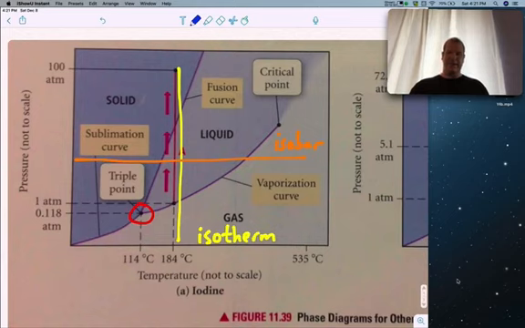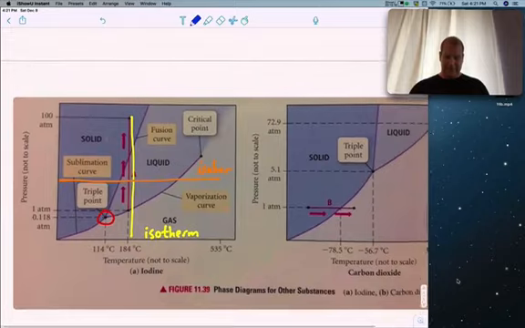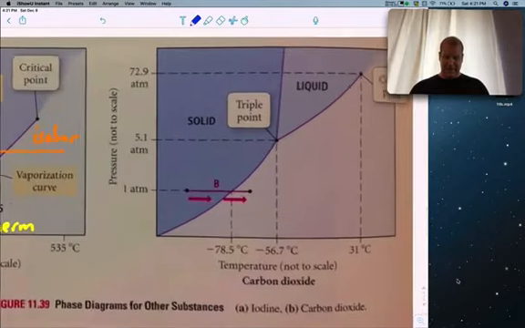As I said, there are different forms of ice in a really dense environment like the bottom of the ocean. Iodine has the more common way, the solid-liquid phase line going this way, where the solid phase is more dense than the liquid phase. And then also here's carbon dioxide I showed you.